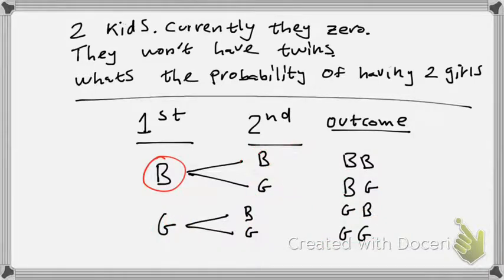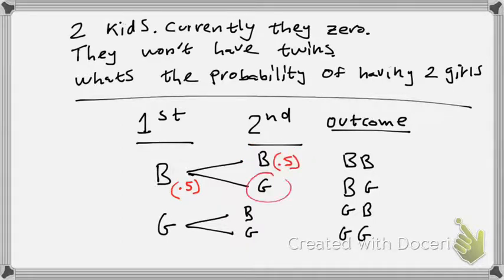What we need to know is that the probability of having a boy or a girl is 50-50, so it's 50%. We always write it as a decimal because we're going to do some calculations with it, so we put 0.5 there. What's the probability of the second kid being a boy? It's also 50%, or 0.5.